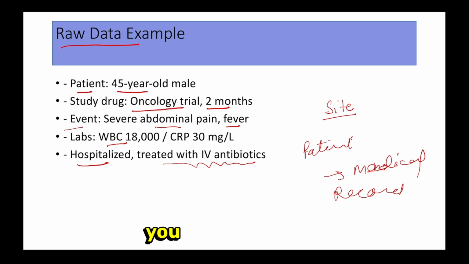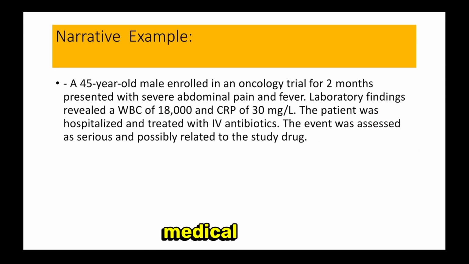But now, when you want to add this information in the CSR, if you add it like this, thousands of tables like this, it won't be a very good idea. So instead, as the medical writer, we change it to a narrative. That means we weave the data into a story so that anyone can read it and understand it. We make it in a more presentable form.